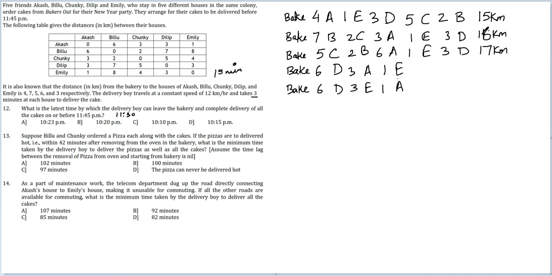So now both are almost the same. In the first case, Chunky 4, Chunky to Billu 2. In the second, Akash to Chunky is 3, Chunky to Billu is 2. So of the two, the first one is of course inefficient, the second one is more efficient. 6 plus 3, 9, 9 plus 1, 10, 10 plus 5, 15 here again. This is all the paths starting from D.